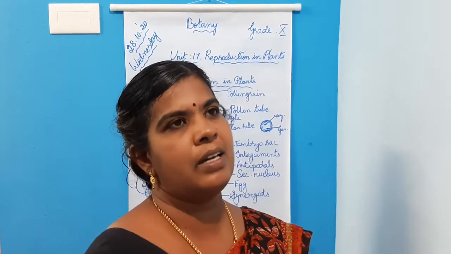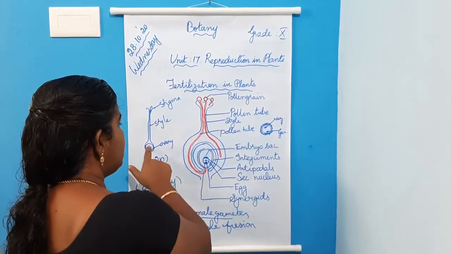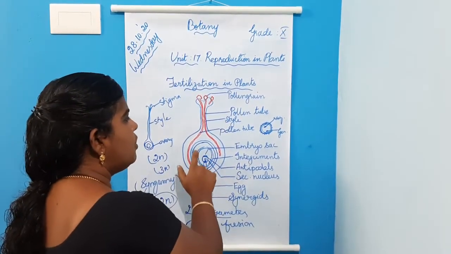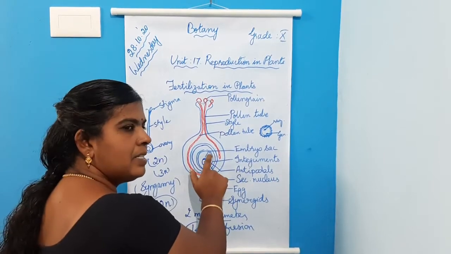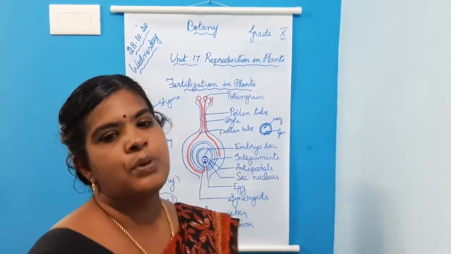Now, what are the post-fertilization changes that take place in the flower? The ovule develops into seed, the integuments develop into seed coat, and the ovary turns into fruit.